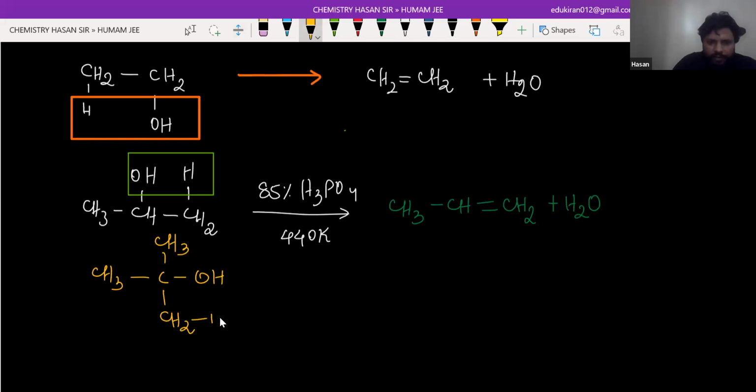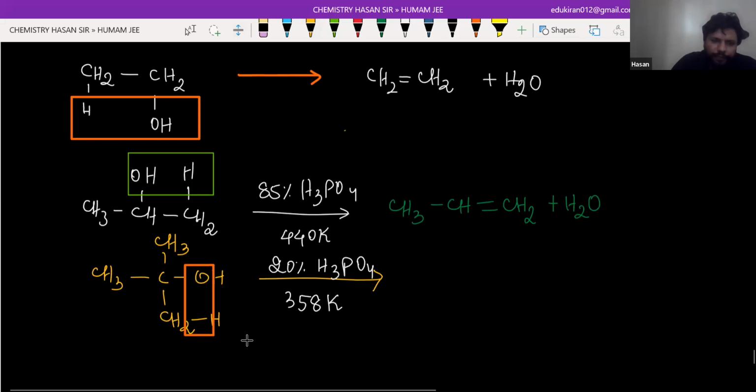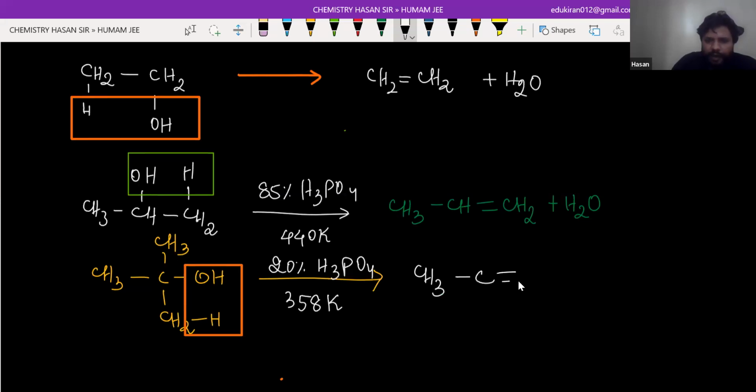The condition you can see is very mild. Only 358 Kelvin is needed because the tertiary intermediate or carbocation is very stable, and only 20% H3PO4 is needed. Now I'm just going to remove this water molecule again, and what you will get is CH3 C double bond, I'm going to write this at the bottom on the right hand side like this, and H2O will be eliminated.